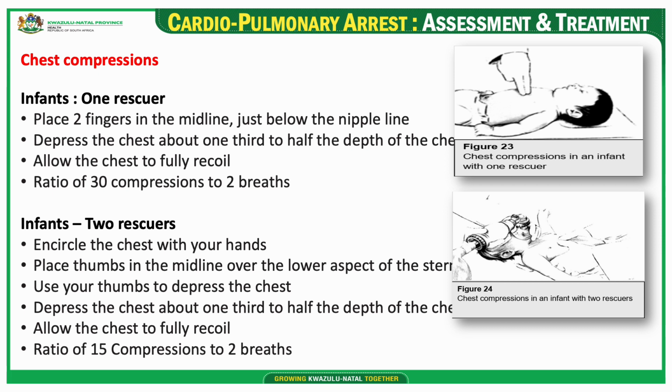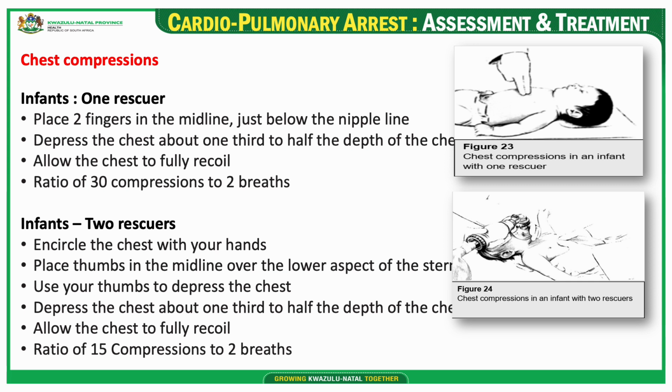So chest compressions need to be adequate, hard and fast for it to work and for it to bring enough oxygenated blood to the brain and the other vital organs. So if you are doing chest compressions on an infant, you're going to place your 2 fingers in the midline just below the nipple line. And this is for if you are one rescuer. Depress the chest about 1/3 of the depth of the chest.